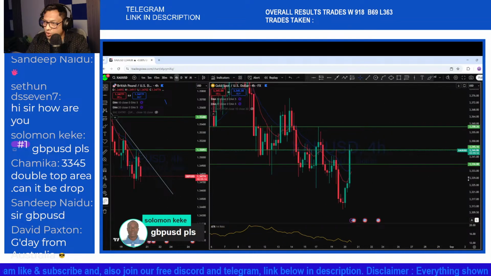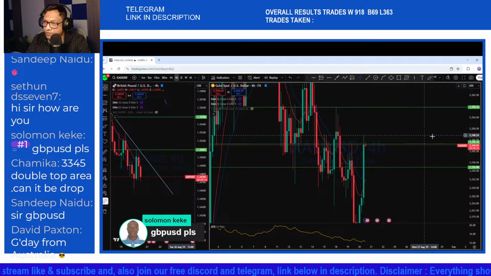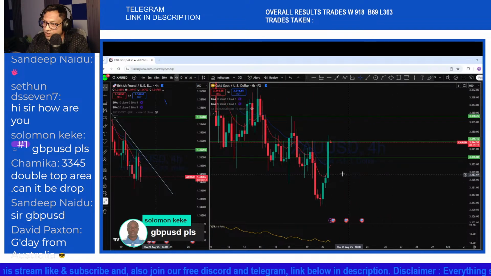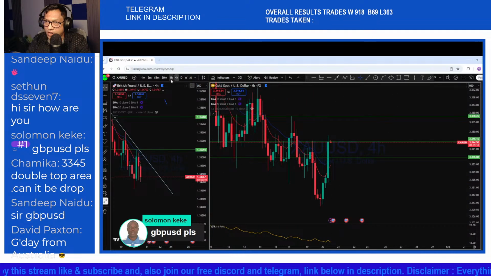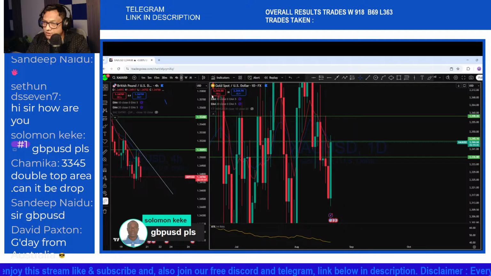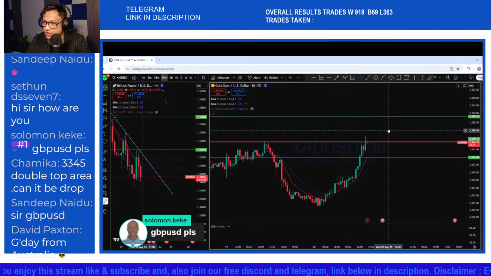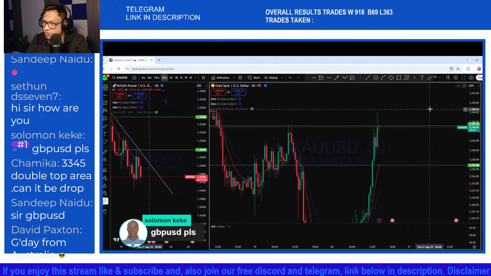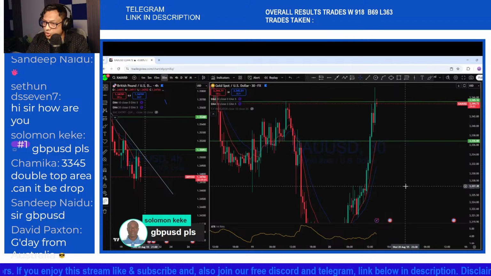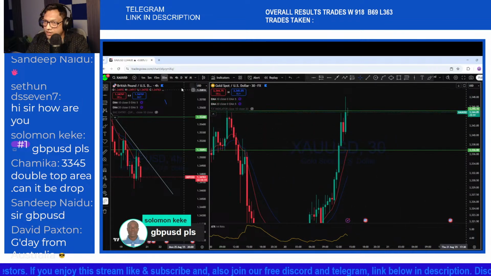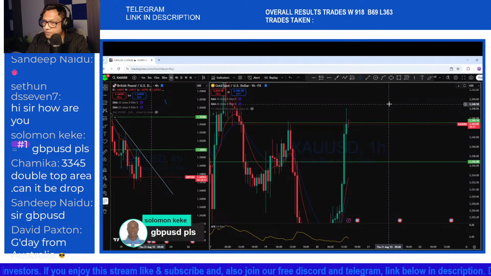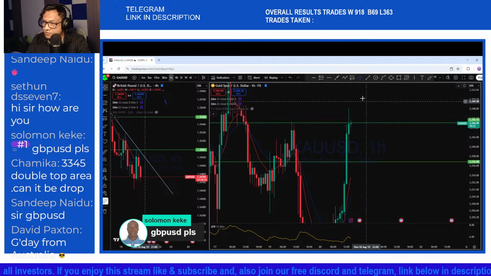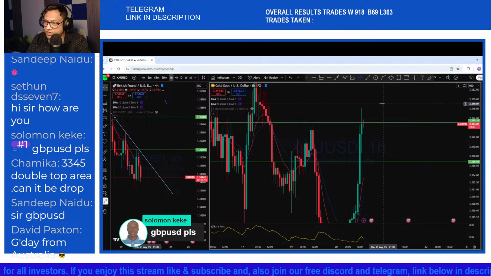So that being said, waiting for the market to show up here. This is a support level, and in that support, we can expect the market to retest here. There is a long wick candle in that area.